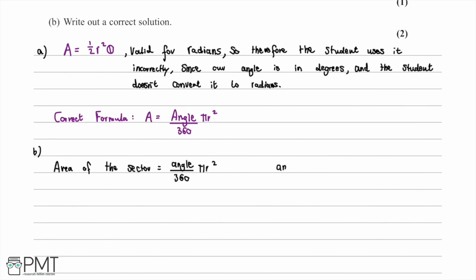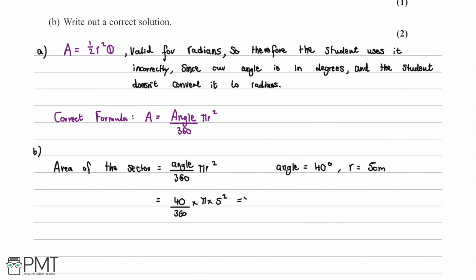We have that our angle is equal to 40 degrees and our radius is equal to 5 centimetres. So therefore, substituting all of this into our equation, we have 40 divided by 360 and we multiply that by pi and then by 5 squared.